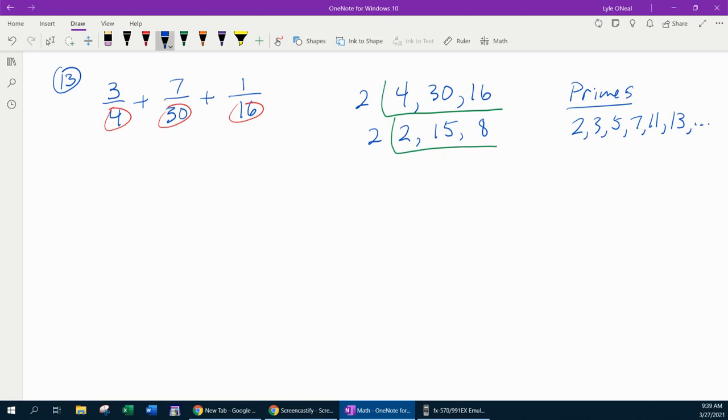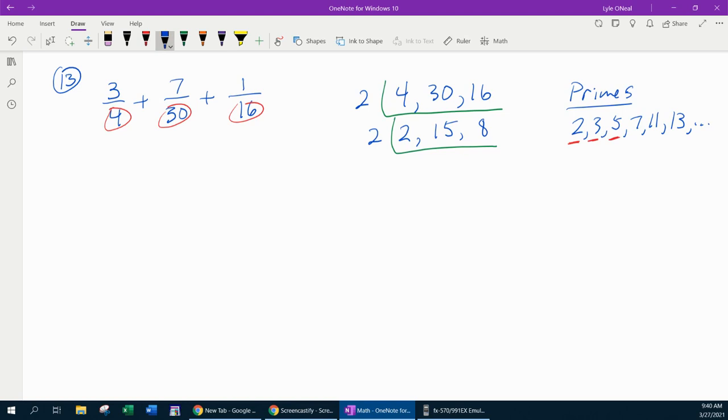So when you're doing this technique for finding the LCM, which in this case is also the LCD, it might be a good idea to start with the smallest prime number and then work your way up to the biggest. And use each prime number, like I'm using 2, until it doesn't work anymore, and then move to the next prime and the next prime until, remember, you get all the numbers to be 1s at the bottom.